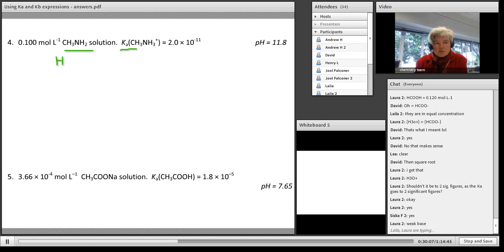So if I've got water reacting with this, and excuse my handwriting, so I'm going to form now, because it's a weak base, the hydroxide ion, because bases are proton acceptors, so it's swiped one of those hydrogens from the water molecule, and you're left with the methyl ammonium ion.